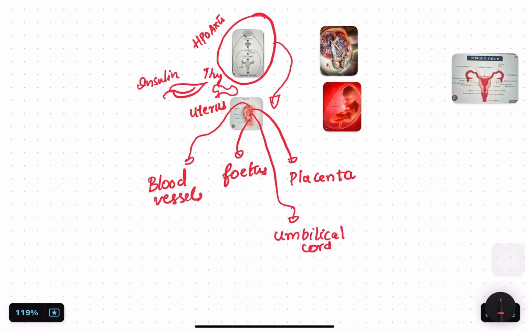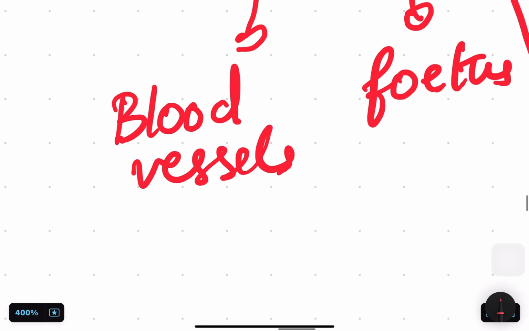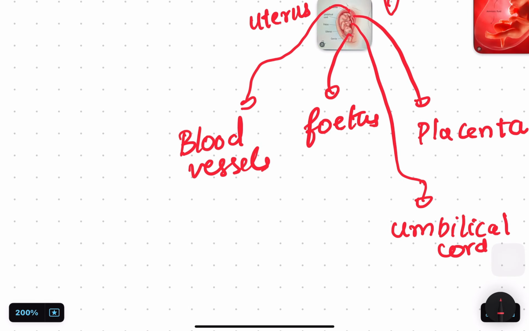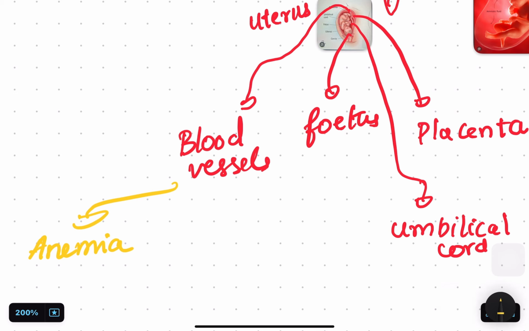Now, what do you think can be the problems? Coming to blood vessels, if there is less blood or less hemoglobin, what does it cause? Yes, you are absolutely right, that is anemia. If there is high resistance in the blood vessels with respect to the placenta, then it causes PIH, that is pregnancy induced hypertension.